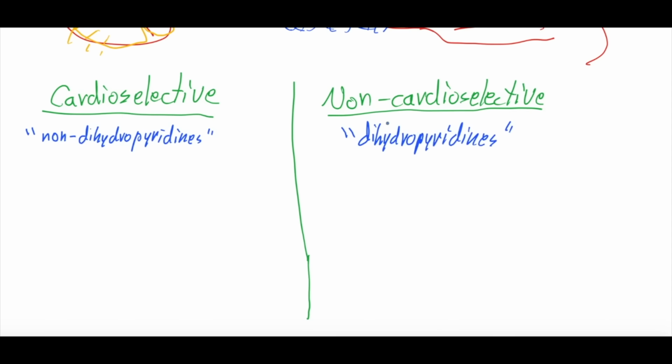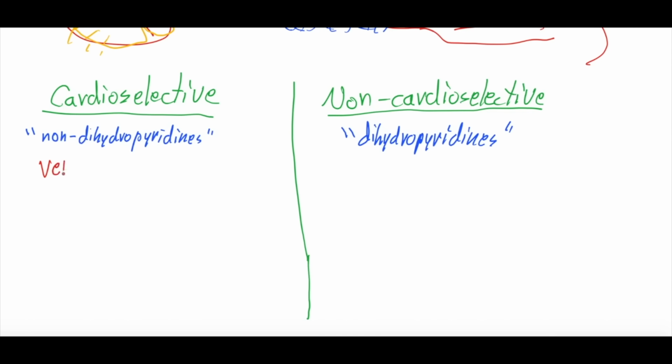So the nons and the dihydros are opposite. So cardioselective is non-dihydropyridine, whereas non-cardioselective is dihydropyridine. I don't know if that's helpful. That helped me remember back when I was in medical school, that they're opposites in terms of their titles.